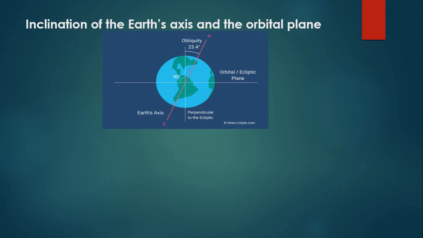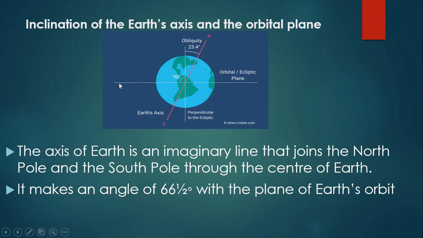Inclination of the earth's axis and the orbital plane. As you can see, this is an imaginary line or the orbital plane on which the earth moves.